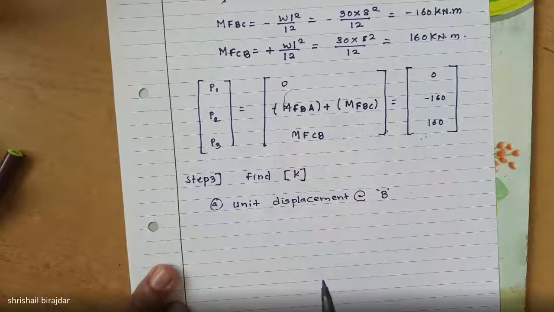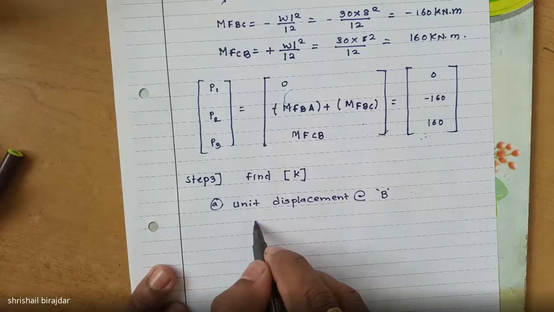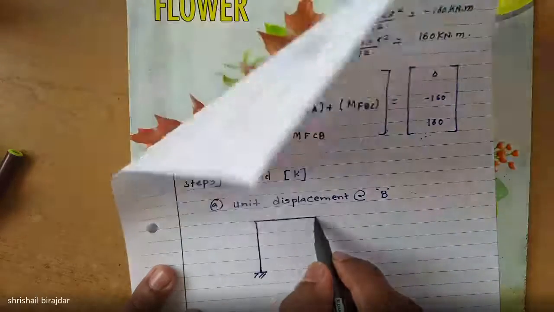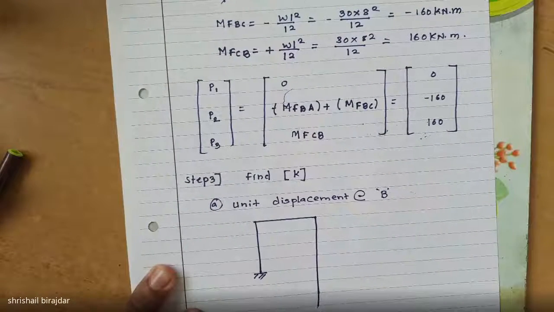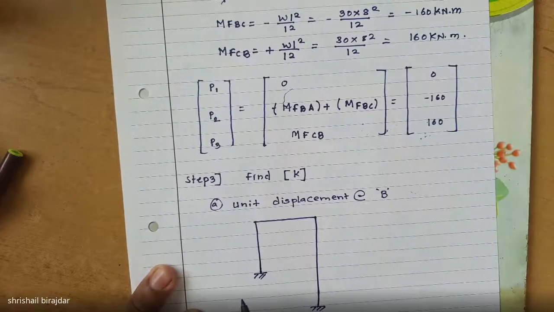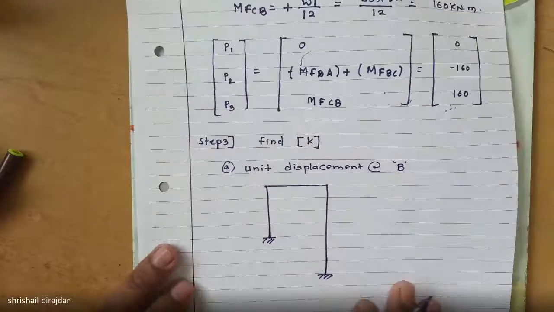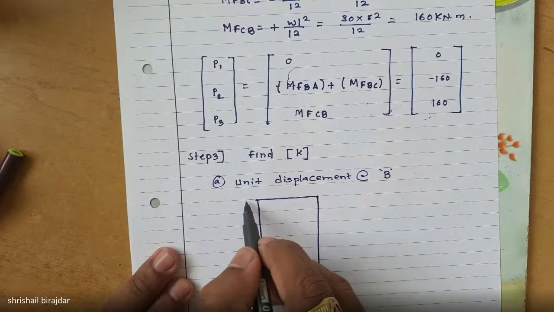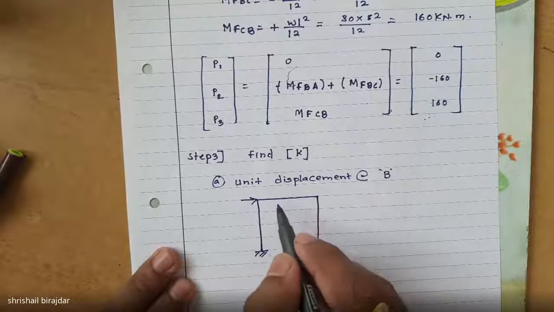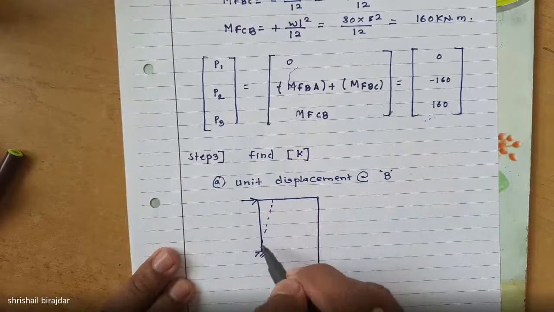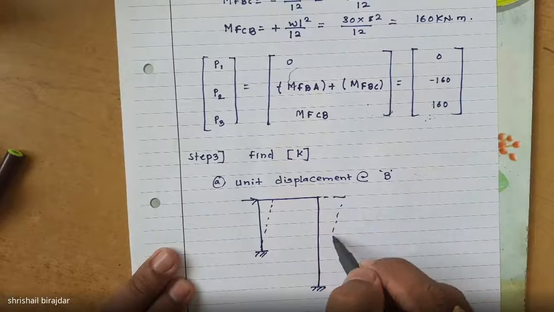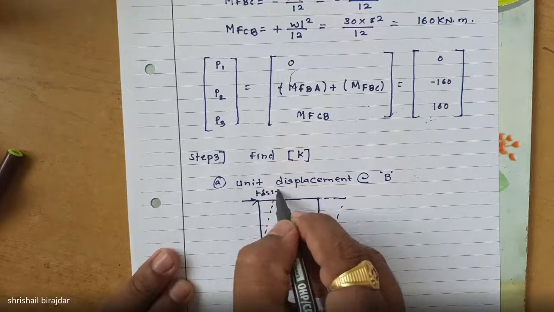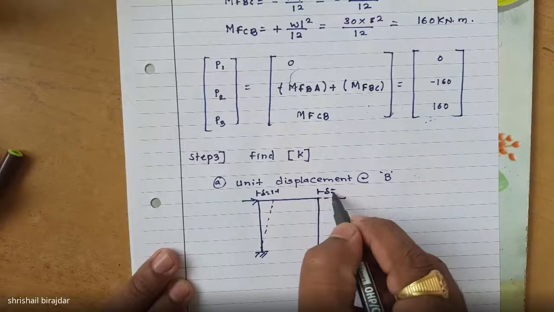For the first column, we have to give the unit displacement, and that unit displacement is nothing but delta. I am just giving the unit displacement to this point, and this unit displacement delta equals 1.